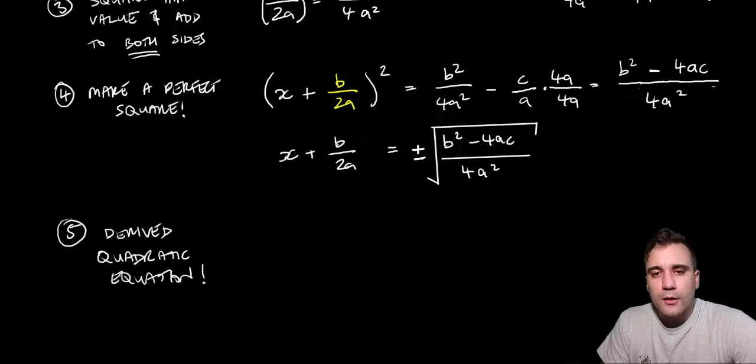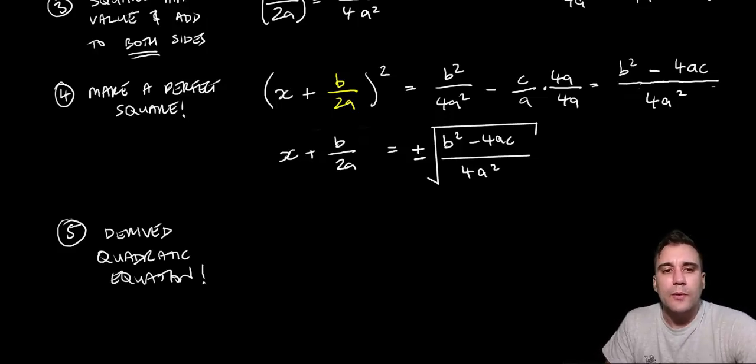So if we subtract b on 2a from both sides, what we get is step 5, which is the derived quadratic equation. This is starting to look pretty familiar. We subtract b on 2a from this side, and then we're just going to switch these around.